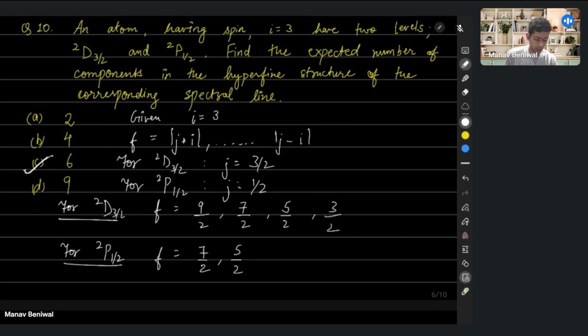Now when we couple the nuclear spin I with j, we get f. So the value of f can go from I plus j to the mod of I minus j. Therefore for both the levels we can have different values of f, just like we have calculated here. So four values of f for 2d3 by 2 and two values of f for 2p1 by 2.